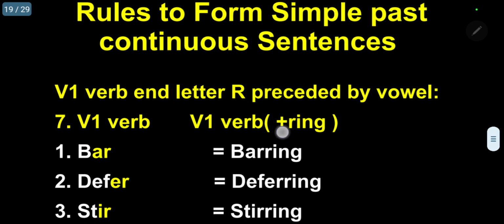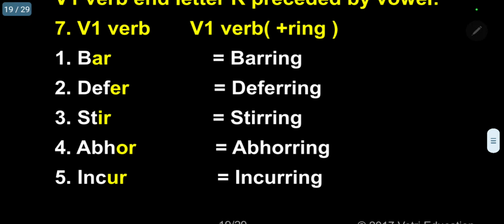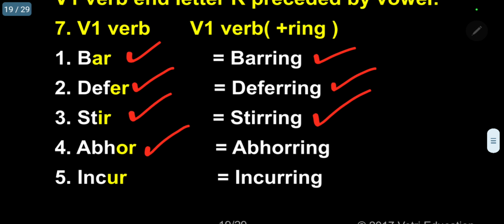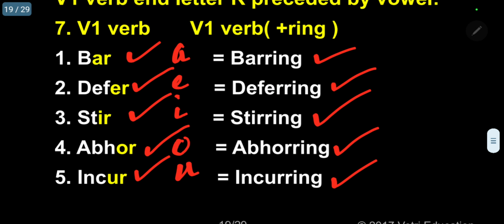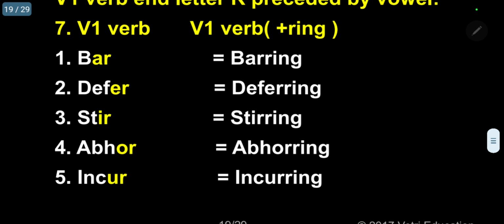The next letter, R. Kindly follow: bar, barring, differ, differing, stir, stirring, abhor, abhorring, incur, incurring. In all the cases, double R is coming. Vowels A, E, I, O, U. Ending letter R.